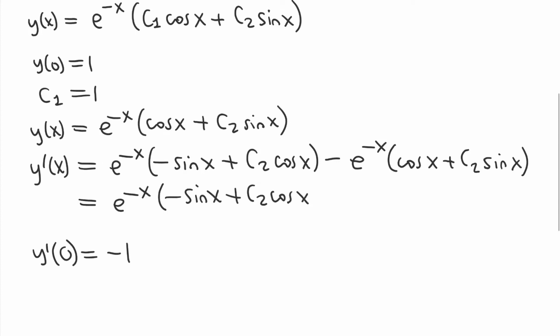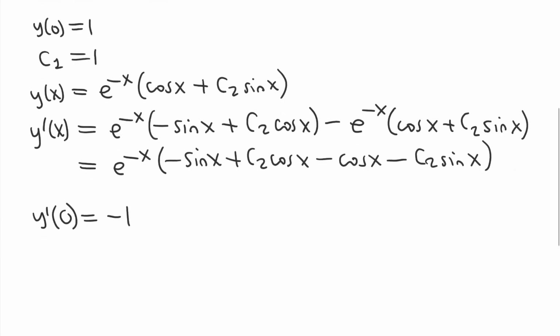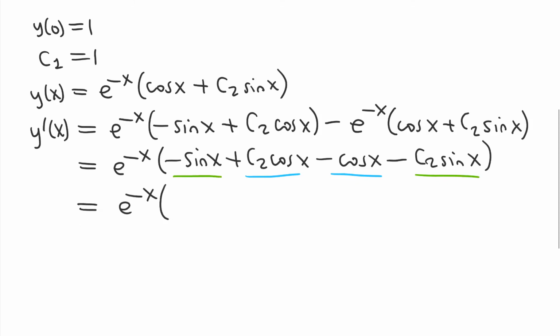And then this negative sign will distribute into this brackets. And so I get minus cosine x minus c2 sine x. And then you can see the two cosine terms can be combined and the two sine terms can be combined. And so I'll end up with e to the negative x times negative 1 minus c2 sine x plus c2 minus 1 cosine x.